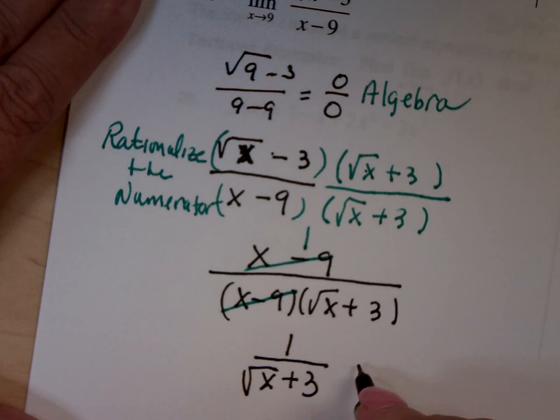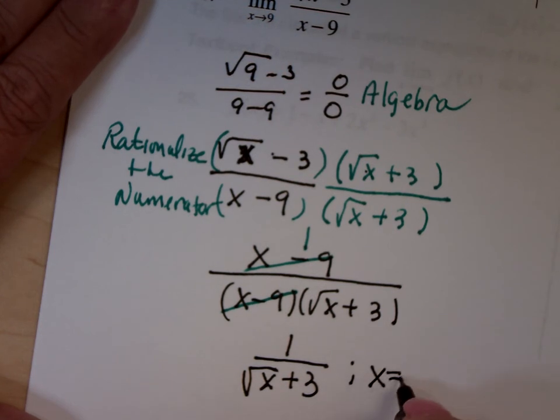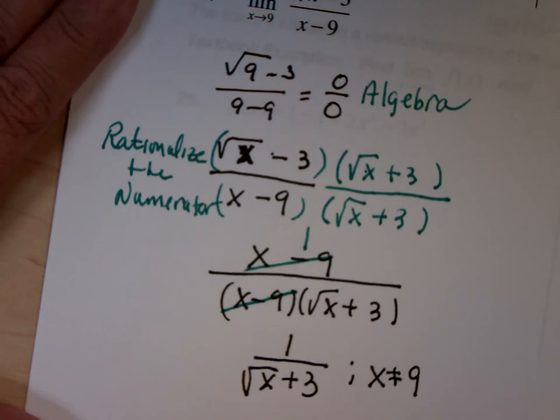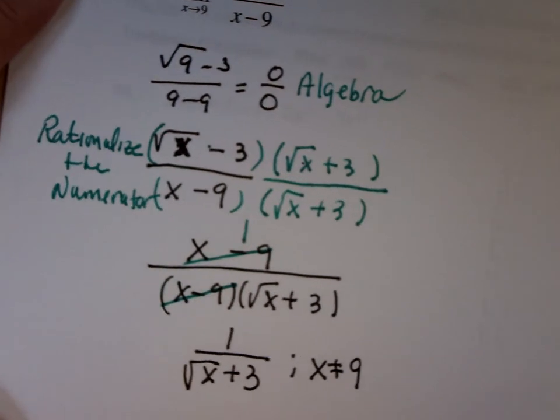Now in this case, of course, because I've divided the problem out, x can't be 9. It can be anything other than 9. Now you can see if I plug 9 in, will I get an answer? If I plug 9 into this guy, will I get a number out? Yeah.